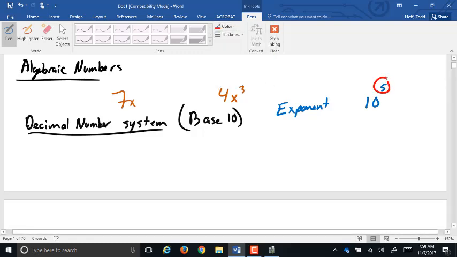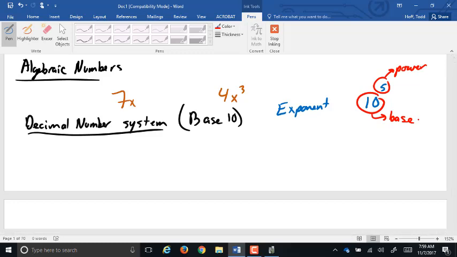It has the power, but then it has a base. This part of it is the base. So base 10 numbers are numbers that the place values are based on exponents with a base of 10 in the exponents. Then all the powers vary.